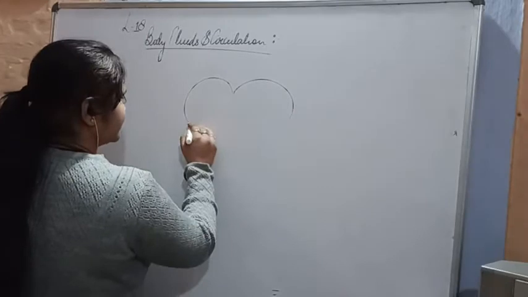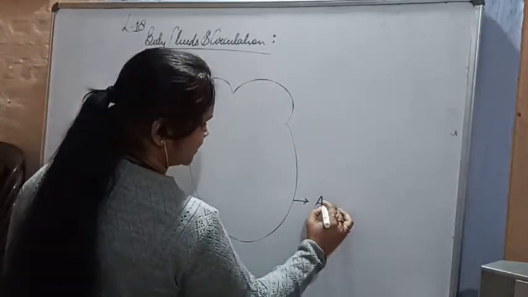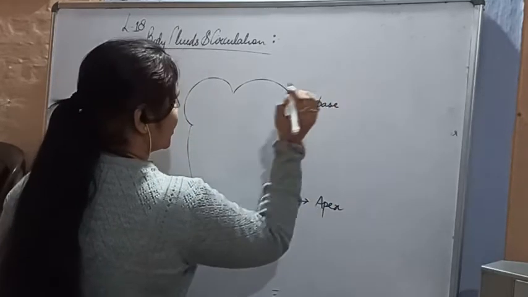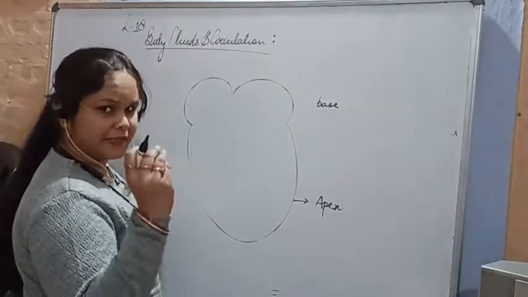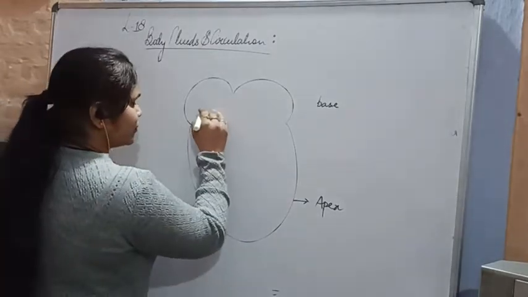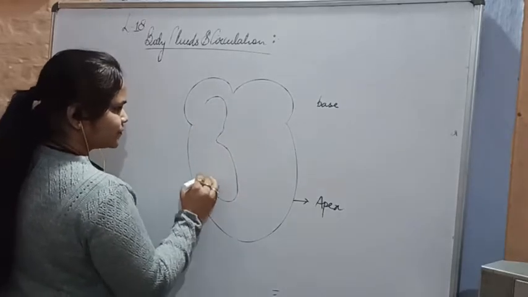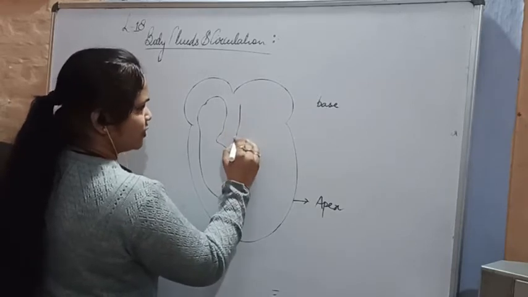So this is it. We have already discussed that this is the apex and this is the base. Not going much in detail, we'll just draw the diagram of the conducting tissues. You all know that your heart has two auricles and two ventricles.